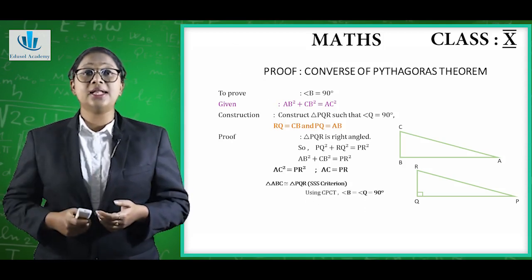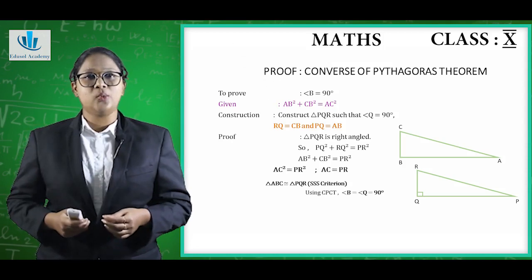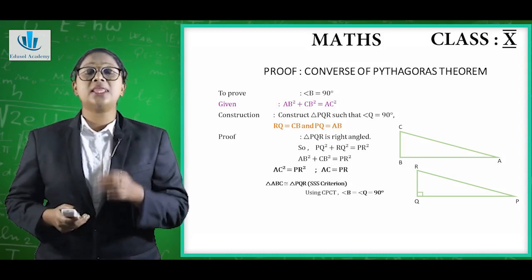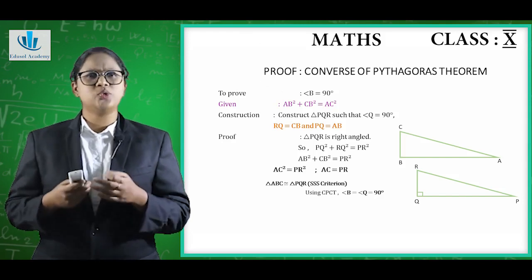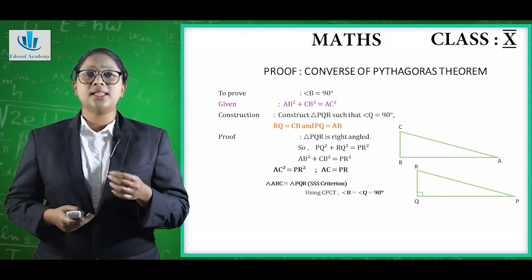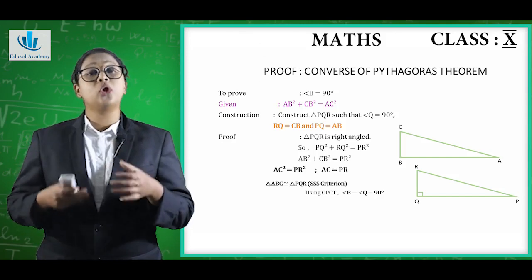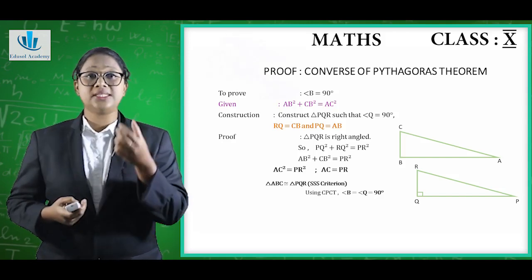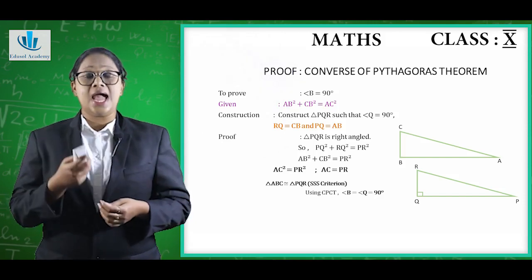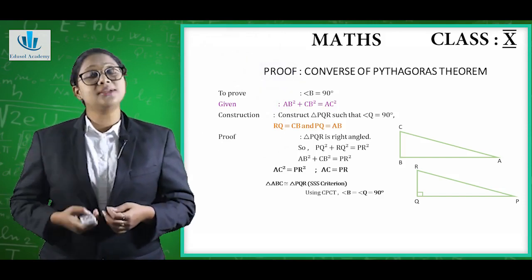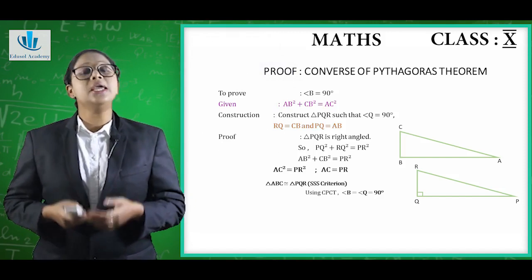So triangle ABC and triangle PQR are congruent with SSS congruence criterion. So when two triangles are congruent, then their corresponding parts will also be equal. So by CPCT of the congruent triangles, we can say that angle B is equal to angle Q, that is equal to 90 degree, hence proved.